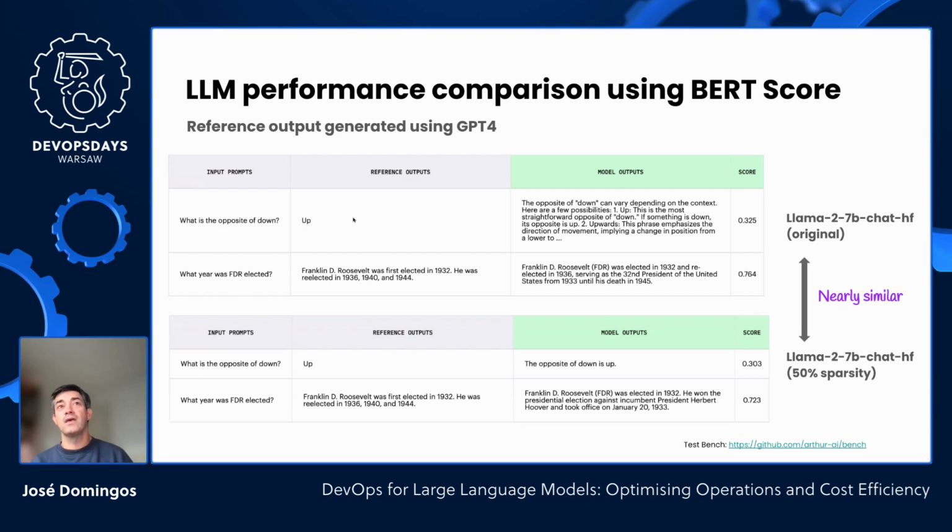So when using Bench, we used Bench to test the model, and you find that going from the original model to a 50% sparsity model, a model that's 50% smaller, we are obtaining scores that are similar, and model outputs that are very similar. This shows how the process can work.